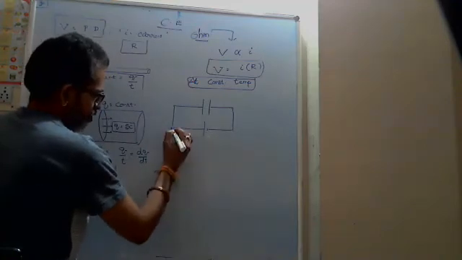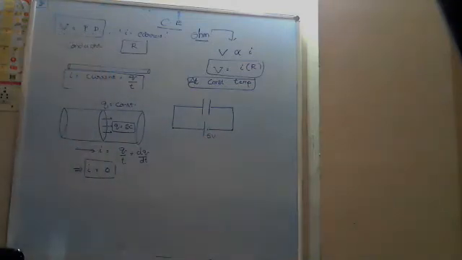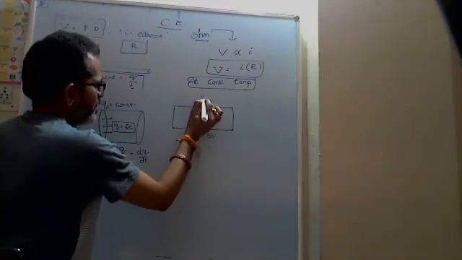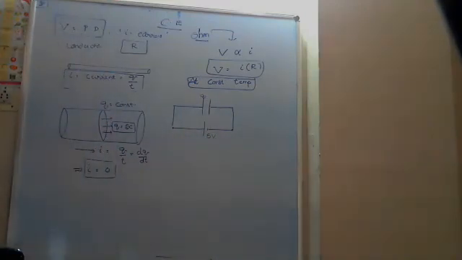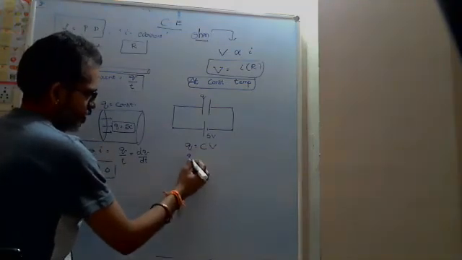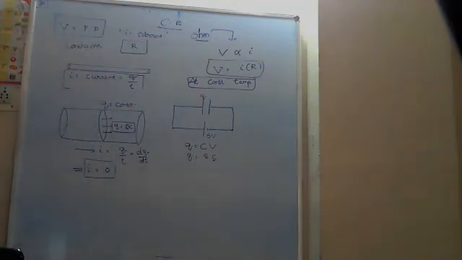Suppose I connect it to a source of constant potential difference, 5 volts. Right? Then, if I ask what is the charge on each plate, I think you remember. That is Q equals, according to the formula, C into V. That is Q equals 5C. Whatever the C value they give, we substitute it and find the charge. But now I am asking, is the charge constant or variable?